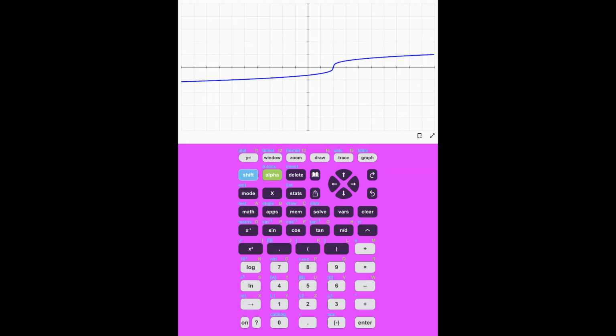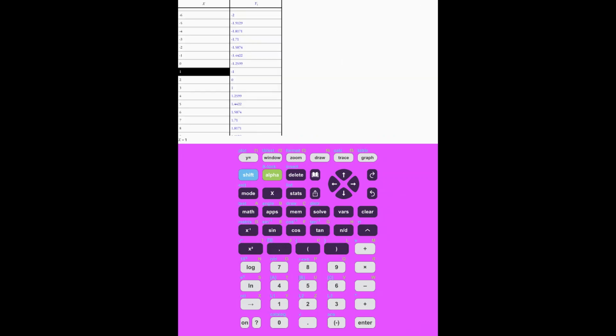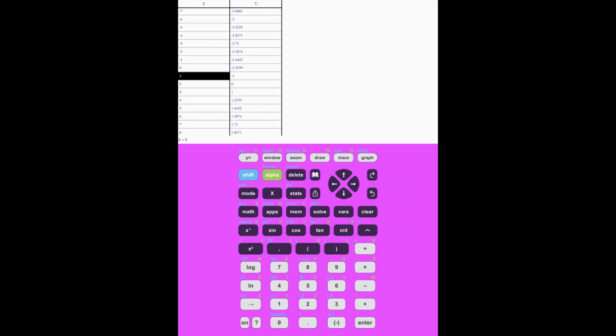So what I'm going to do is take a look at the table, and again I'm going to copy down easily readable points, but more specifically I'm going to look at points in the specific domain that they give me. Because they say that x is between -6 and 10, I'm only going to use the values between -6 and 10 that are easily readable. So you take a look at your outputs, and you only want to use the points that are easily readable.